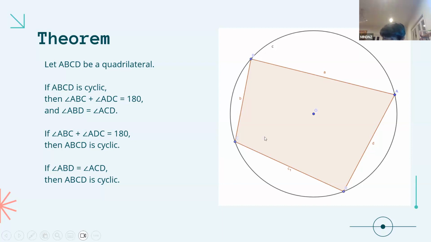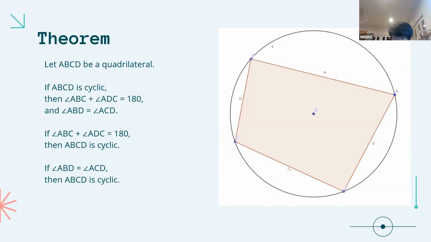Yep, so I guess there's 4 parts to this proof. Firstly, if ABCD is cyclic, then those two angles sum to 180. Second part is those other two angles are equal. Third part is if those angles sum to 180, then it's cyclic. Fourth part is if those two angles are equal, then it's cyclic. So try to prove as many of those as you can. You guys can get a few minutes.